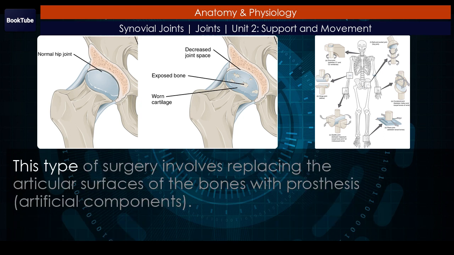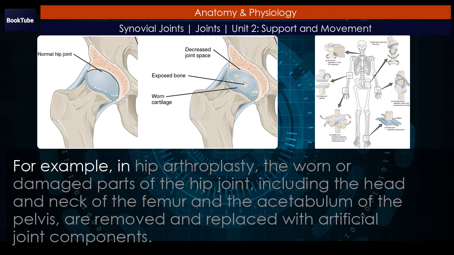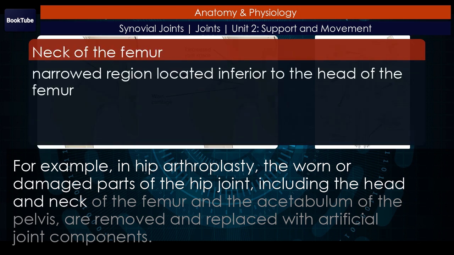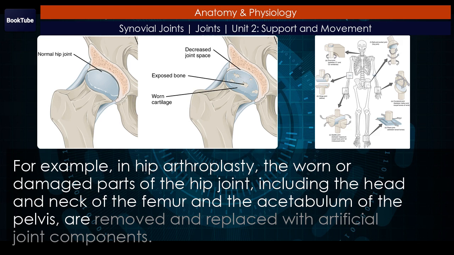This type of surgery involves replacing the articular surfaces of the bones with prosthesis, artificial components. For example, in hip arthroplasty, the worn or damaged parts of the hip joint, including the head and neck of the femur and the acetabulum of the pelvis, are removed and replaced with artificial joint components.